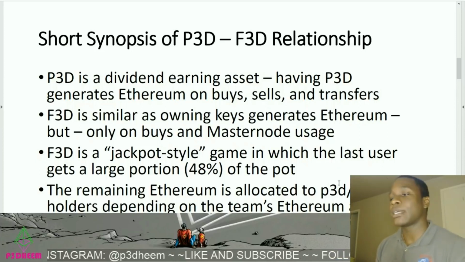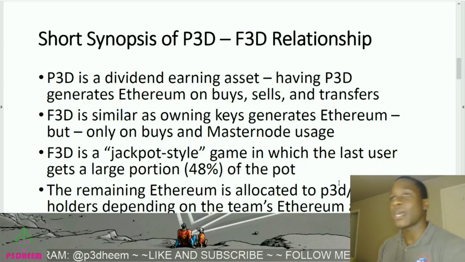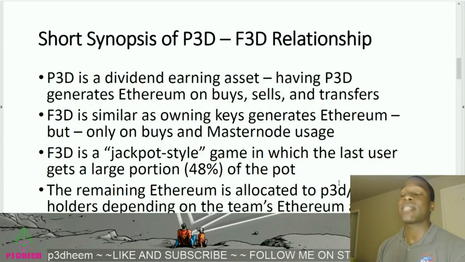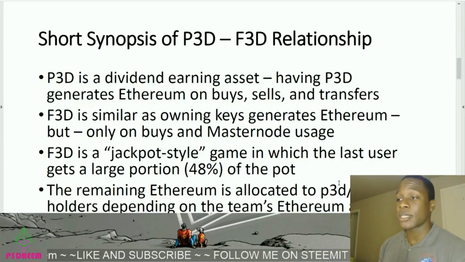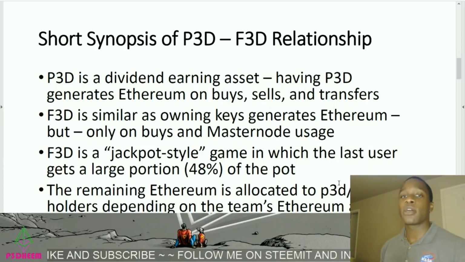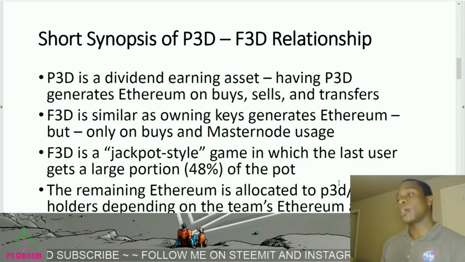And finally, the remaining Ethereum that's in these contracts. If you go to x6scam.me right now, you'll see roughly 215 Ethereum in that particular contract. That Ethereum, the remaining 52%, is allocated to P3D and F3D holders, depending on how the Ethereum is allocated between the different teams.